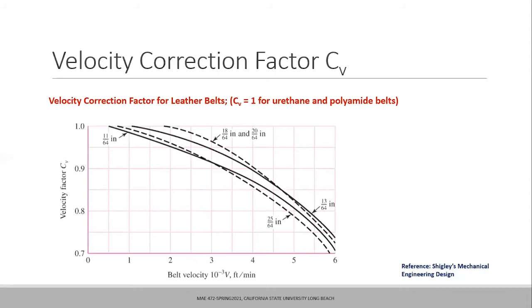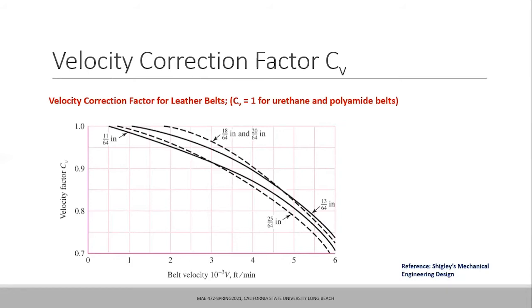These are the graphs for some correction factors. CV is basically the velocity correction factor. These correction factors are needed because for a certain material, for example leather belts, if the belt speed is high, then the material will have the tendency to wear out.